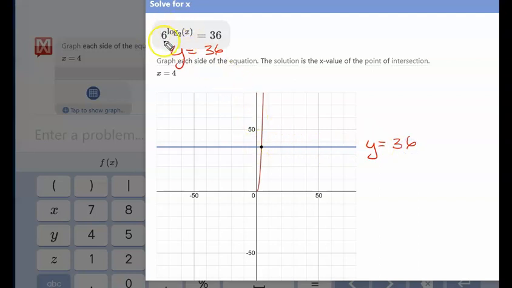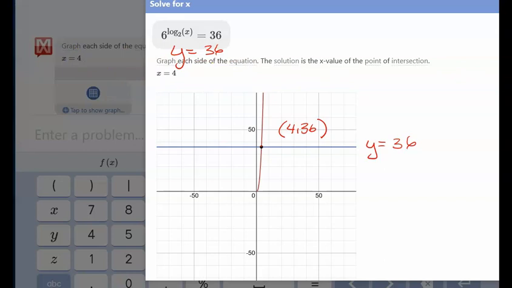And then graphing this side, it's a curve that goes up and intersects right there. If we were to make this bigger, this point of intersection is 4, 36. So our x value here is 4.